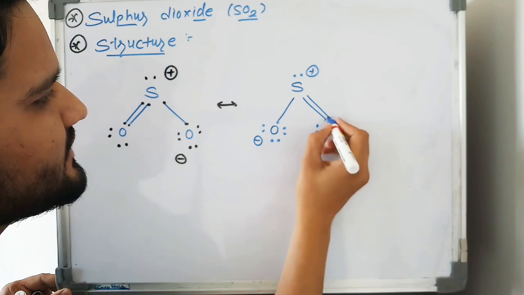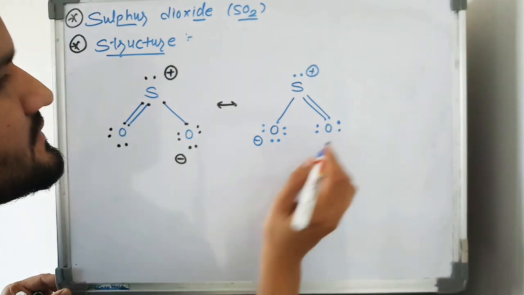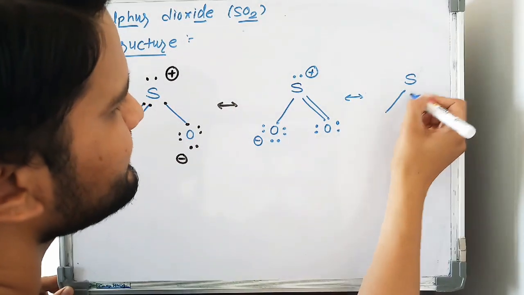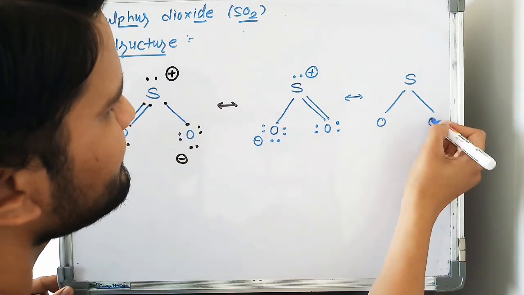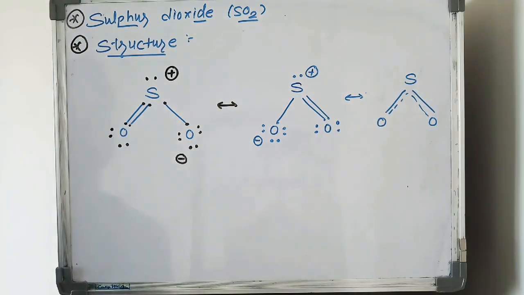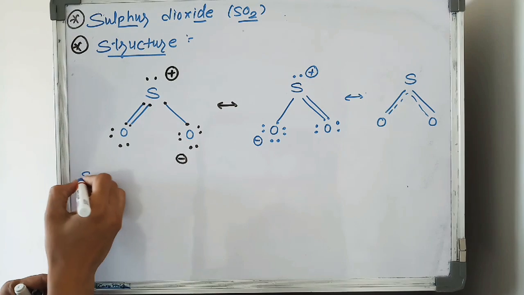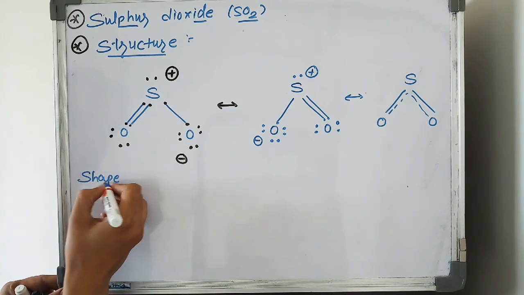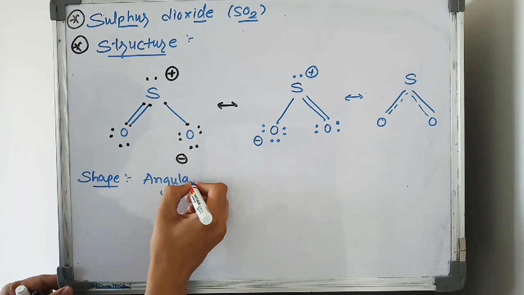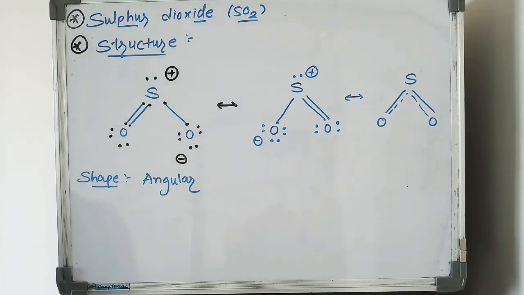Here this oxygen has 6 electrons, so it has a resonating structure like this. Shape of this structure is angular, otherwise we can say bent shape or V shape.